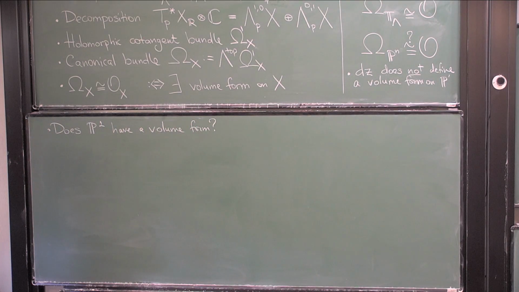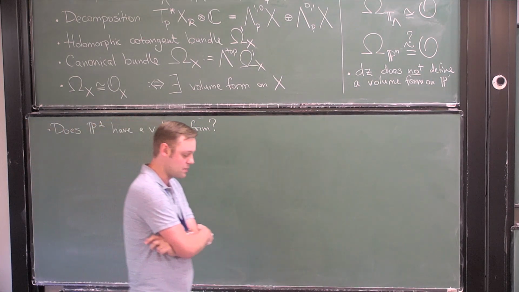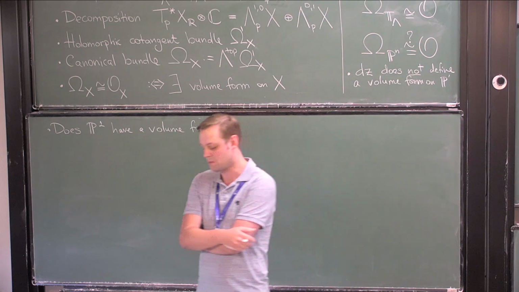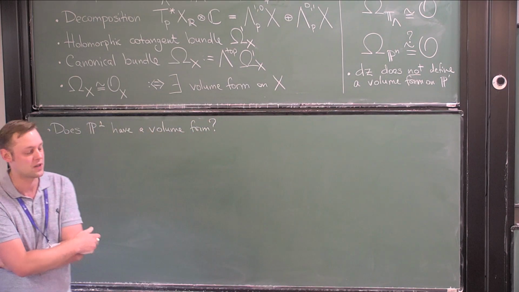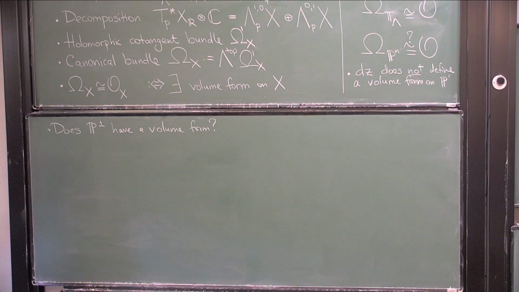And then I switched gears and we talked about some holomorphic differential geometry. In particular, I talked about the cotangent space of the underlying real manifold.